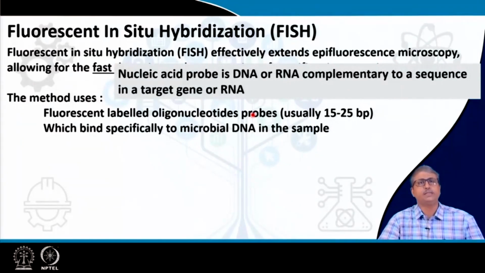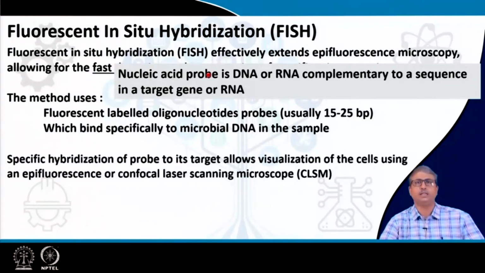Now, this probe is basically a short stretch of nucleic acid, could be a DNA or RNA molecule, which is complementary to a sequence in a target gene or an RNA molecule, and these are synthesized in the laboratory and tagged with fluorescent molecules. Following hybridization, that is, the probe finds the complementarity and hybridizes, the specific hybridization of the probe to its target allows the visualization of the cells using an epifluorescent microscope or a confocal laser scanning microscope.